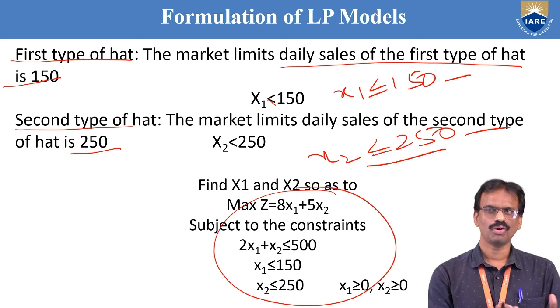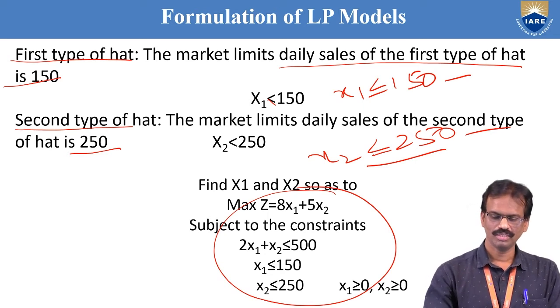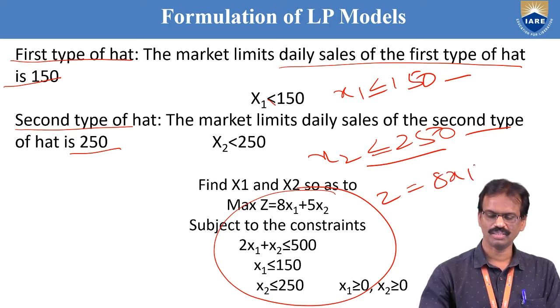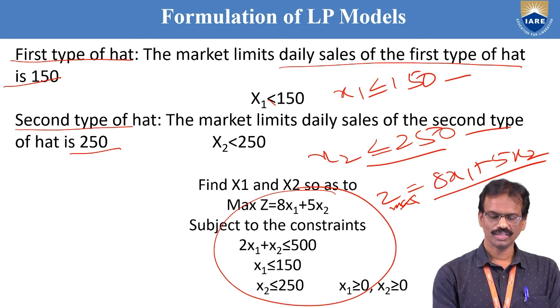Finally, the problem is converted into an LP model. The maximization objective function is Z max equals 8x1 plus 5x2. The constraints are 2x1 plus x2 less than or equal to 500, x1 less than or equal to 150, and x2 less than or equal to 250.